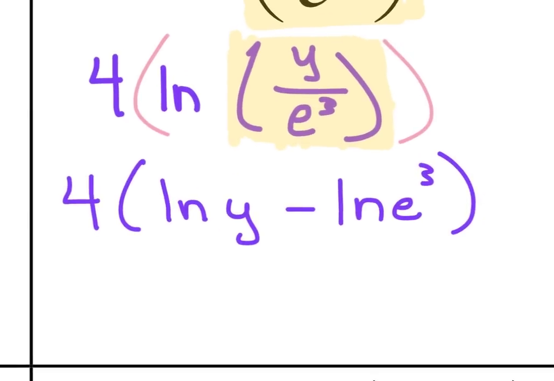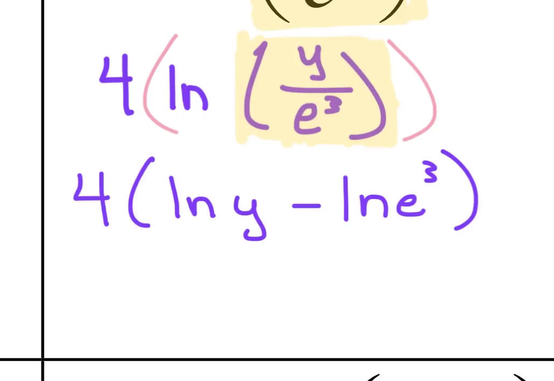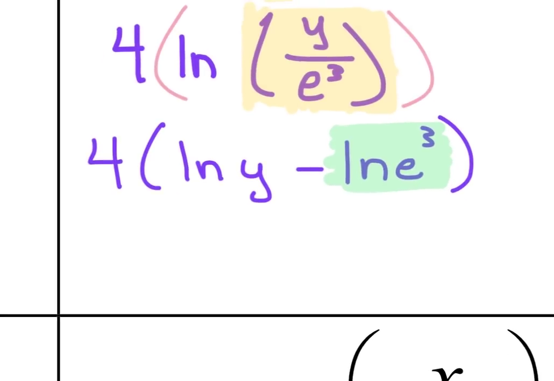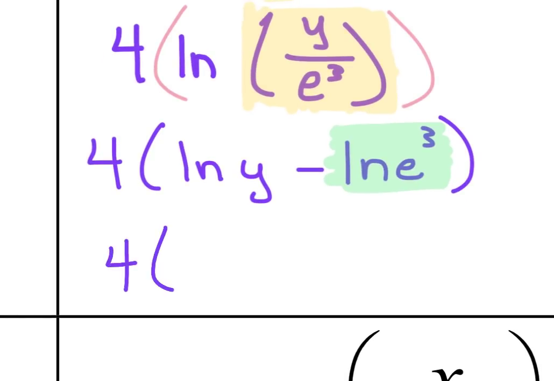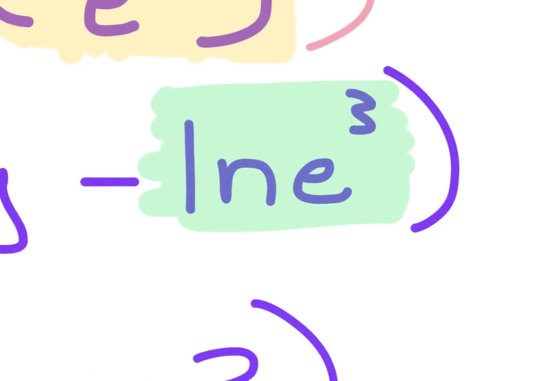Now, based on what we did up above, you know that ln of e to the third power is just 3. And so really what we're saying here is 4 times ln of y minus 3, right? Just a quick reminder, it says log base e of e to the third.